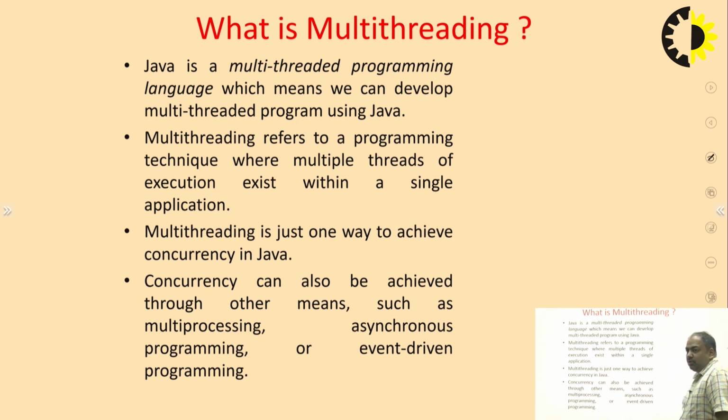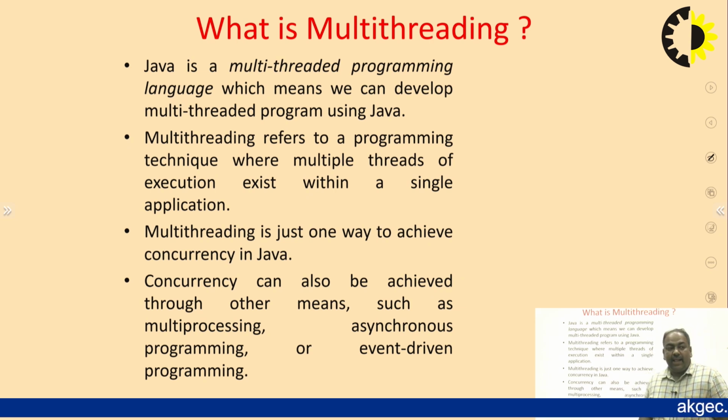What is asynchronous programming? Asynchronous programming means that a single program or multiple programs are independent of each other but help in the execution of the application. Event driven programming is when we use key events, mouse events, when any execution is done with the use of keyboard, mouse or any other peripheral device used for the execution of that application.